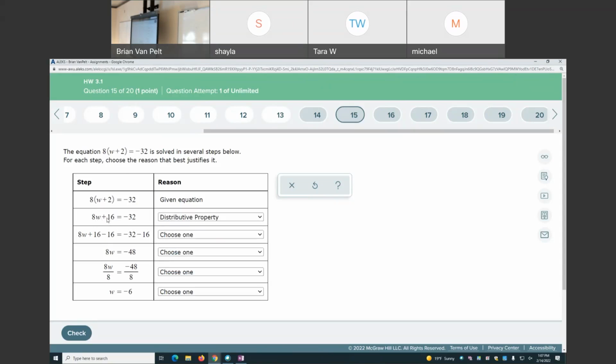What did they do? They subtracted 16 from both sides, right? They call that the subtraction property of equality. It means you can subtract the same thing from both sides and it will still be equal.